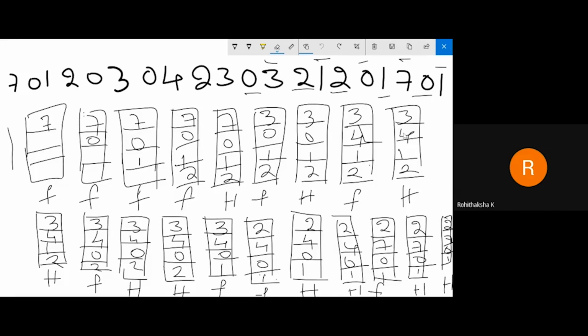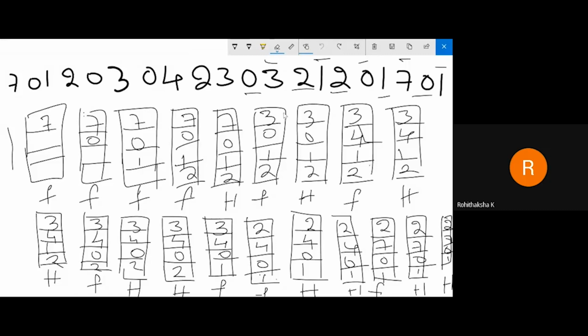Then 2, I think I had gone wrong here somewhere. 3, 4, 1, 2, it is a hit. It is there already. After 2, then again 3, it is a hit. Then again 2, which is a page fault, so we are replacing.